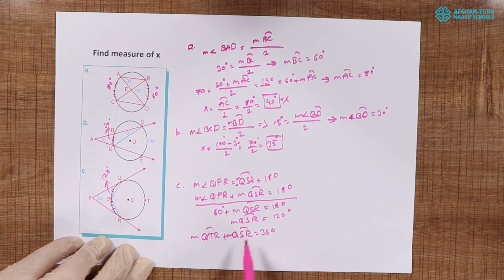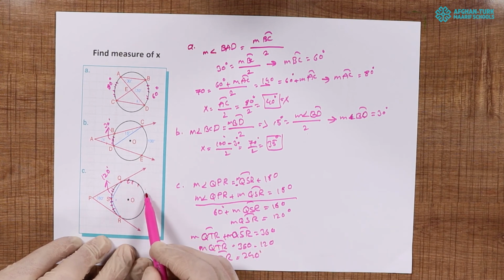Now we have QSR, which is 120. So we are going to move it to the right-hand side of the equation. 360 minus 120. Measure of QTR is equal to 240. We found this arc, that this is 240 degrees.